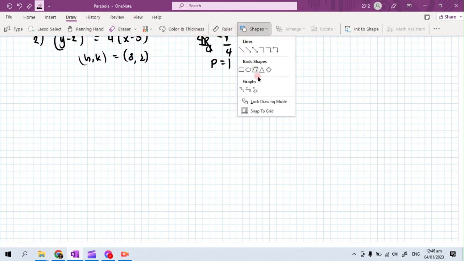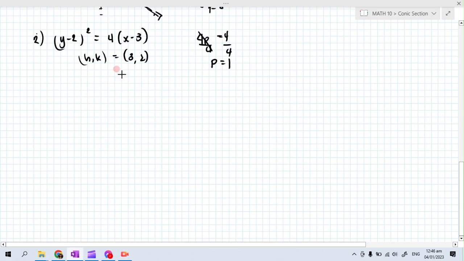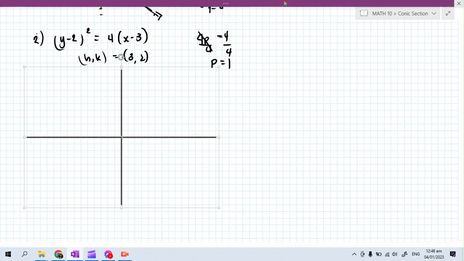Let's draw a Cartesian plane. This time, let's try to make it somehow bigger, since we are extending on our first example. So first we need to plot this vertex. So 3 and 2, 1 2 3, 1 2. So here, that's our vertex.